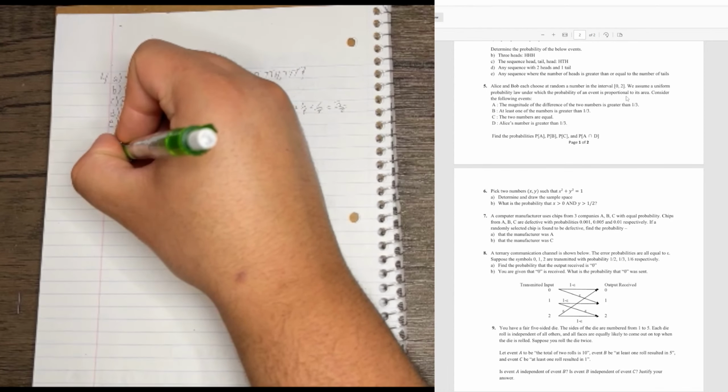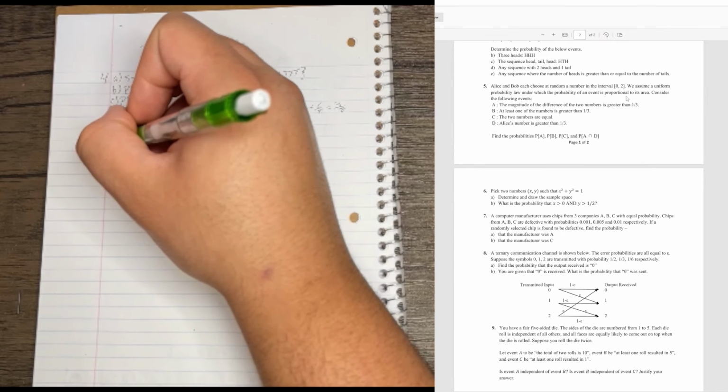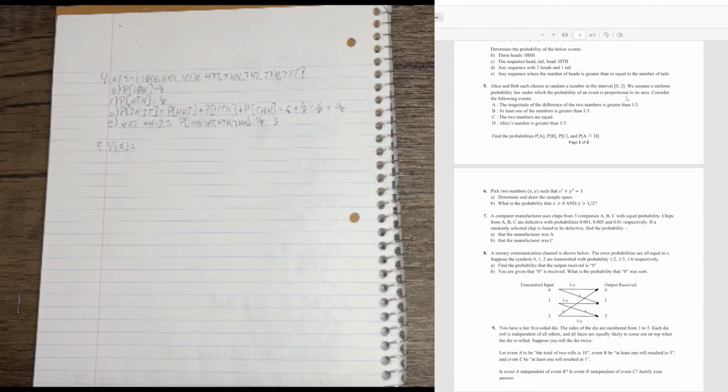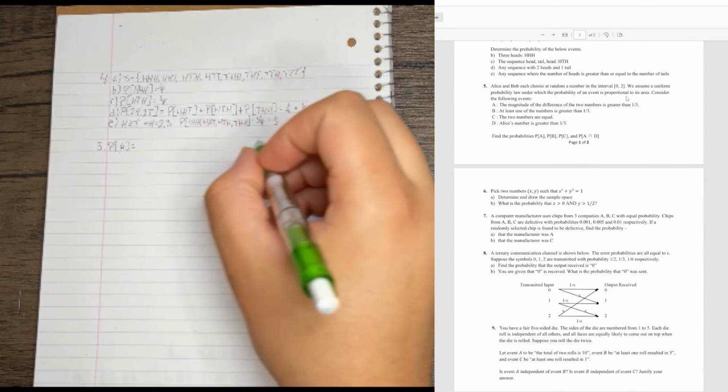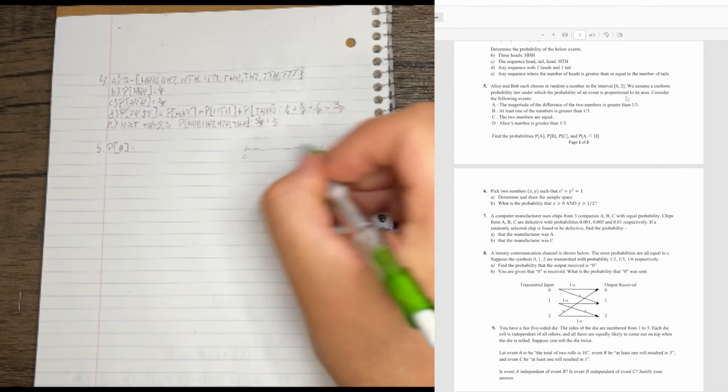Probability of A by itself is equal to the magnitude of the difference is greater than 1/3. So there's at least, let me write it down like a number line. 0 to 2.